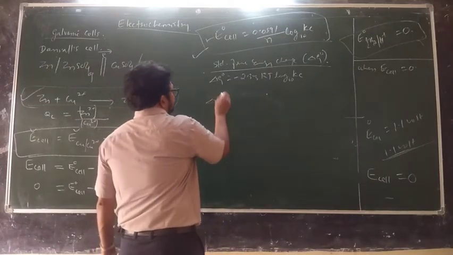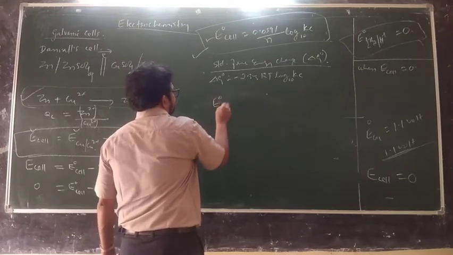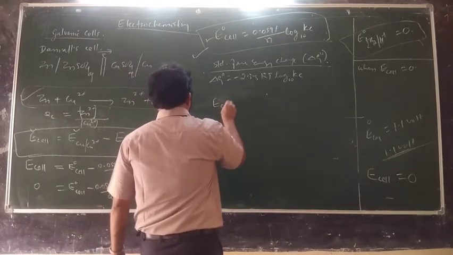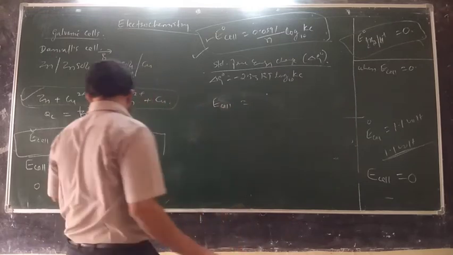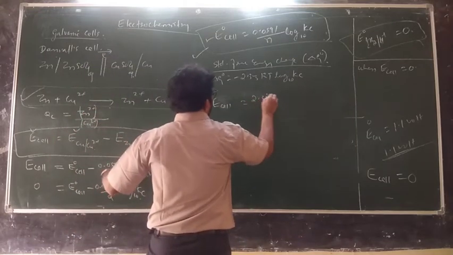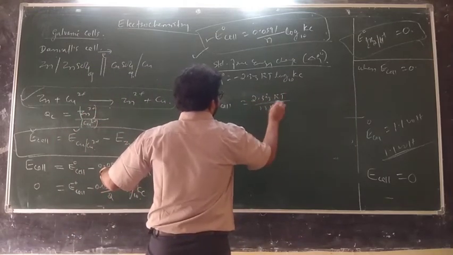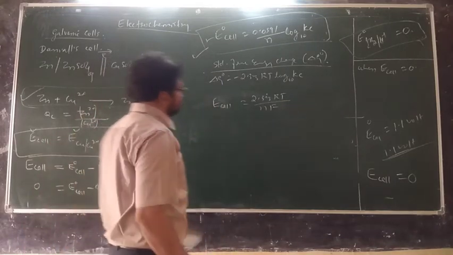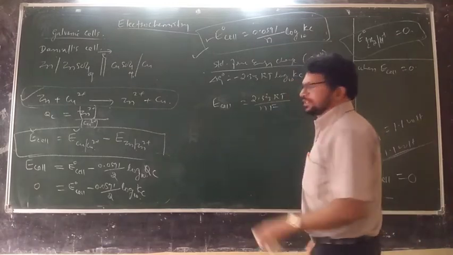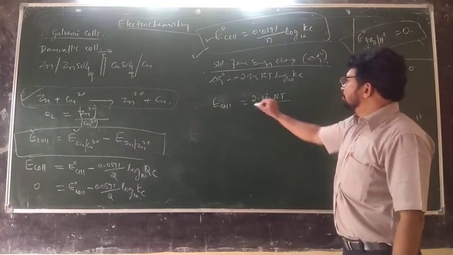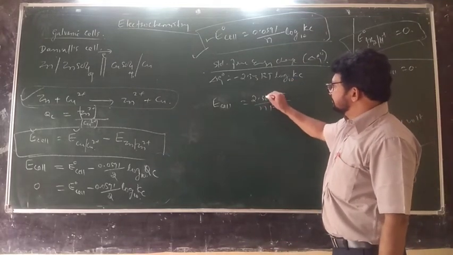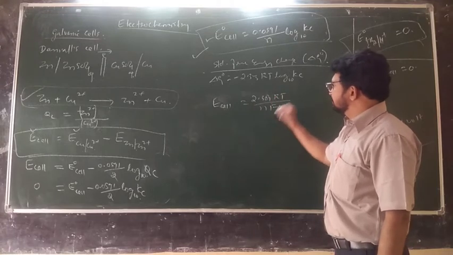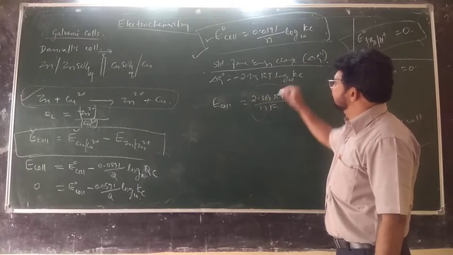Delta G naught, E naught of the cell is equal to, you work out this. Finally, what is it actually? 2.303 RT by NF actually. When you substitute the values, it becomes 0.059.